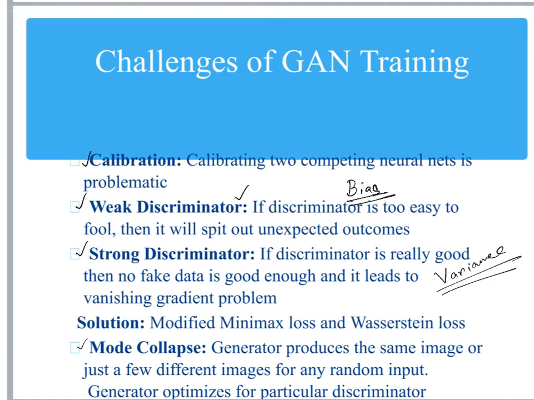It could be as few as one data point or one image, or it could be just a few images. So the generator ends up generating only a few different images or just one image and passing it through the discriminator. This problem could be addressed and solved using, by the way, WGAN or Wasserstein GAN, as well as another.